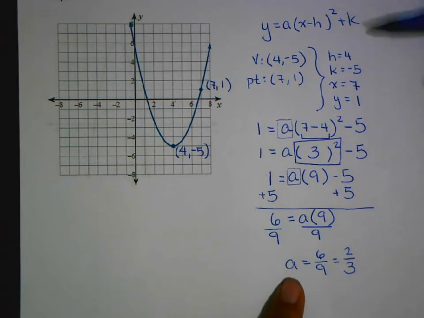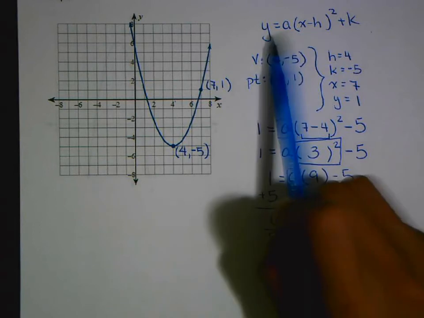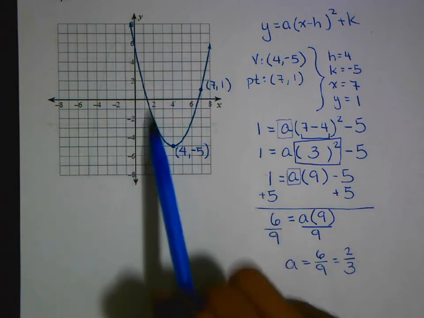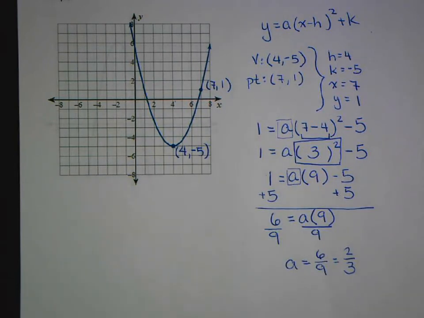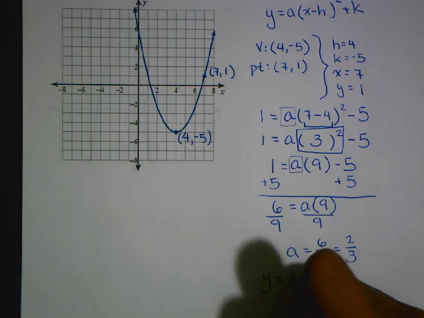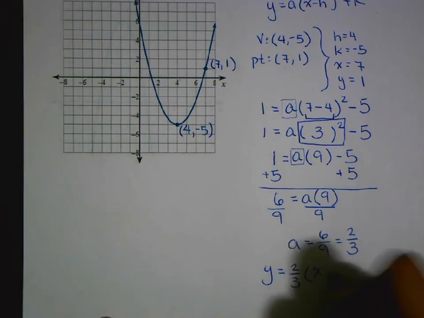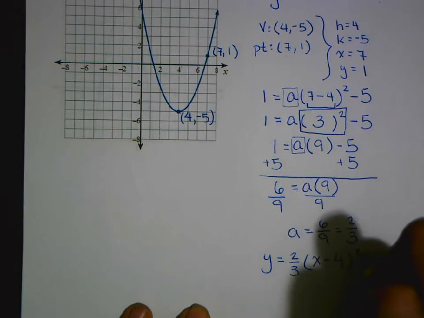So when I go back to my formula, I'm not going to need to use the point 7, 1 for x and y anymore, because this graph has multiple points, not just 7, 1. So my x and y are now back to x and y, and I fill in the rest. I get y equals, my a is 2/3, times (x minus 4) squared, k is negative 5, so minus 5.